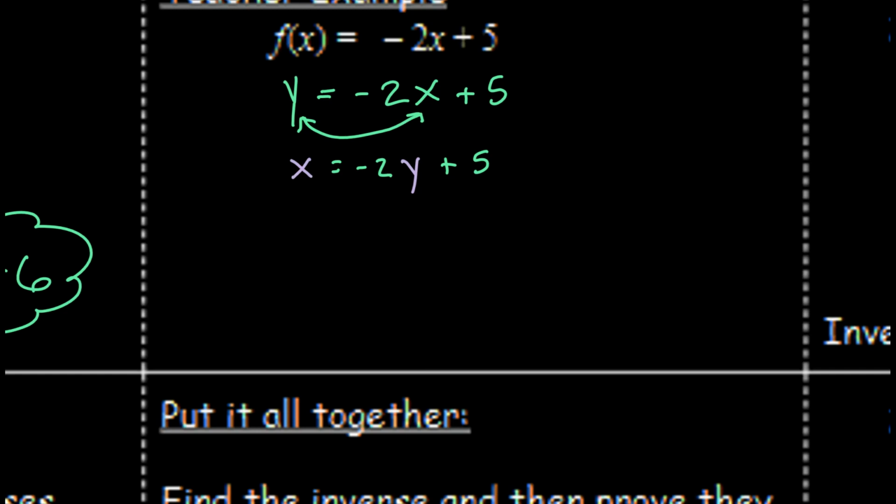What do we need to do first in order to get y by itself? I need to subtract 5 from both sides. So I have x minus 5 is equal to -2y. Then what do I need to do? Divide by -2 to get it off of the y.